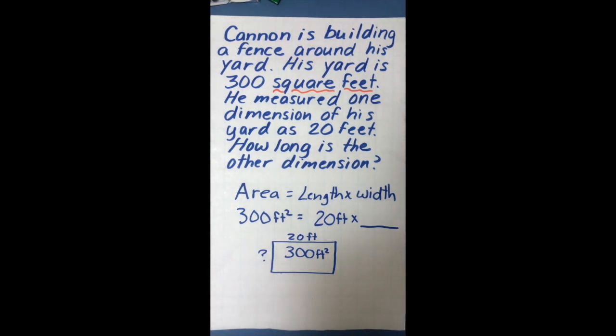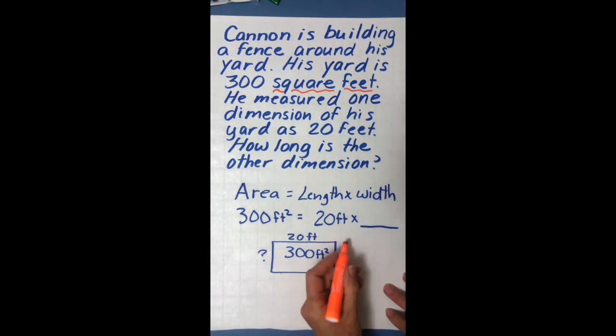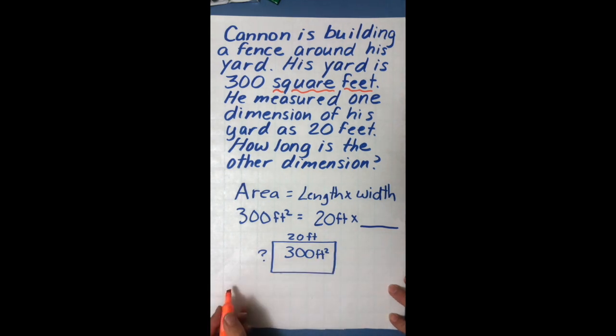Well, I don't know my 20s, so I could do repeated addition. So let's try it. 20, 40, 60, 80, 100. Ooh, look at that. So that's 100.